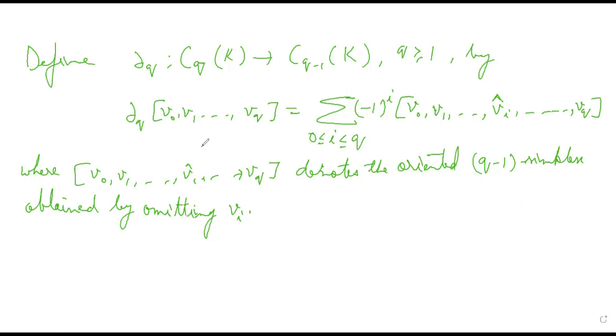If we put (-1) to the power i with this, then this will represent the oriented face of this simplex, the (q-1)-dimensional face, and this orientation is induced from the orientation of this simplex.